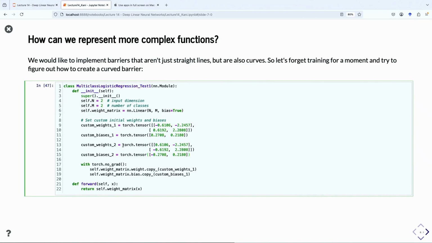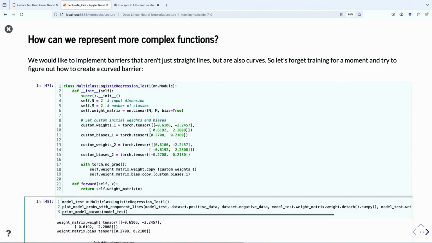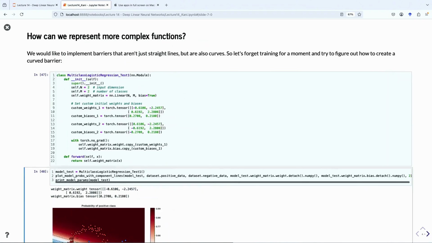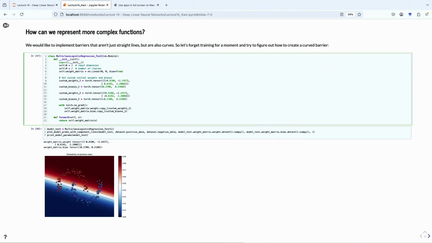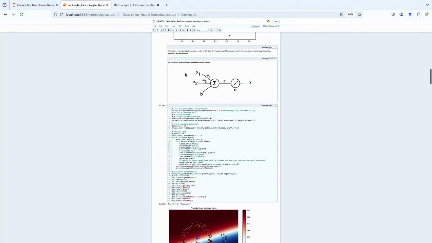So if we do the first set of custom weights and biases, we could get a particular boundary. Actually, let me real quick run this.